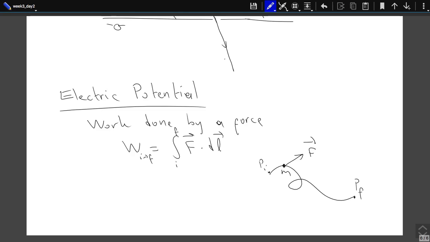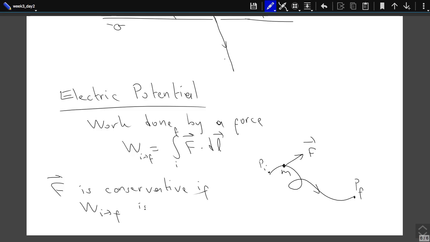Then we had also classified forces, if you remember from 109 in mechanics courses. F is conservative if this work done is independent of path. We had said that in general the work done by a force depends on how you go from the initial point to the final point, but there is a special class of forces for which this work done is independent of how you go from the initial point to the final point, and those forces are what we call the conservative forces.